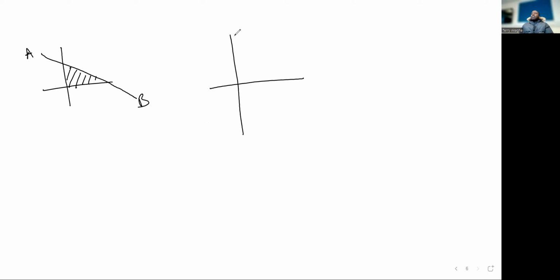Like I said in the previous video, if you have any particular line, like say line AB, you will notice that line AB forms a triangle. Or with the y-axis and x-axis, a line CD forms a triangle with the axes.